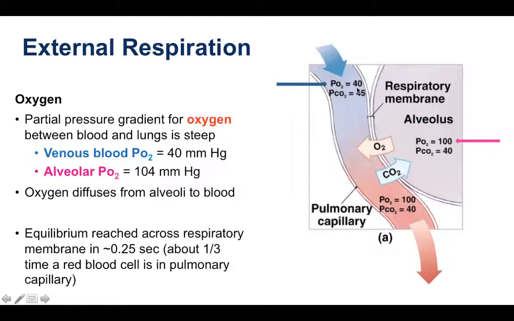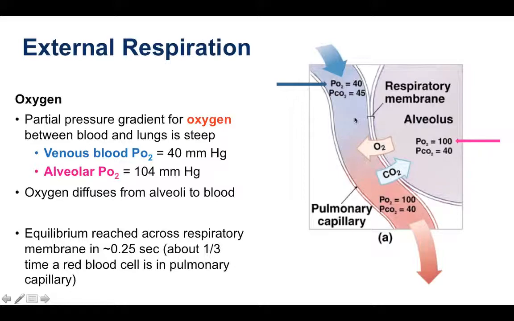If we look at these numbers, we can see that 100 is greater than 40. So oxygen is going to go down its pressure gradient from the alveoli into the blood. You can see that by the time the blood gets down here, the partial pressure is up to 100, so it's reached equilibrium. In the lungs, the blood is going to reach equilibrium about a third of the way past the alveoli.